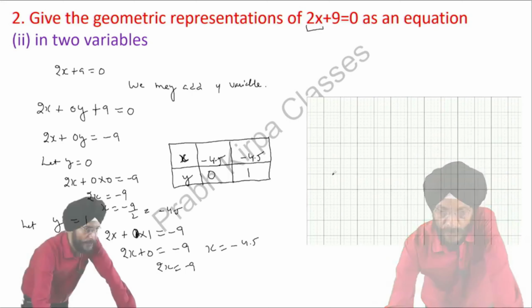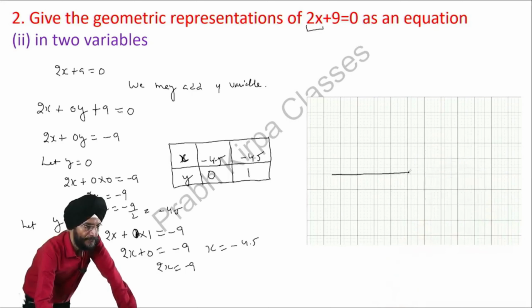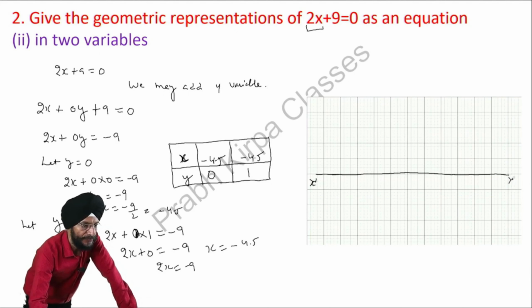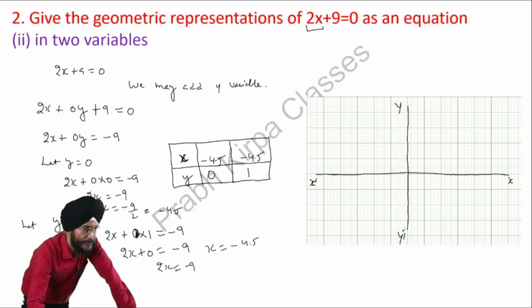So here we will form the graphical representation of this equation. Here it is the y axis, it is the x axis, it is 0, 1, 2, 3, 4, 5.